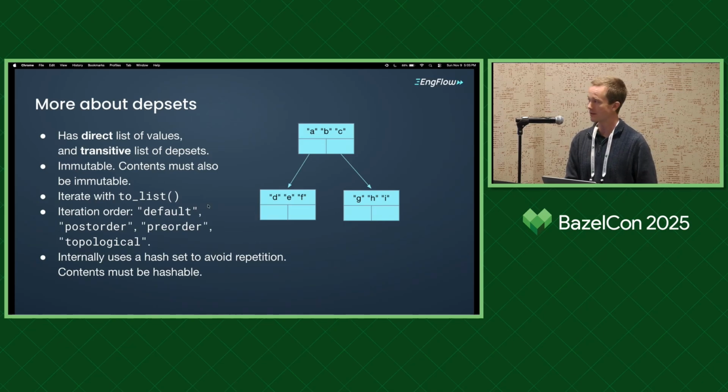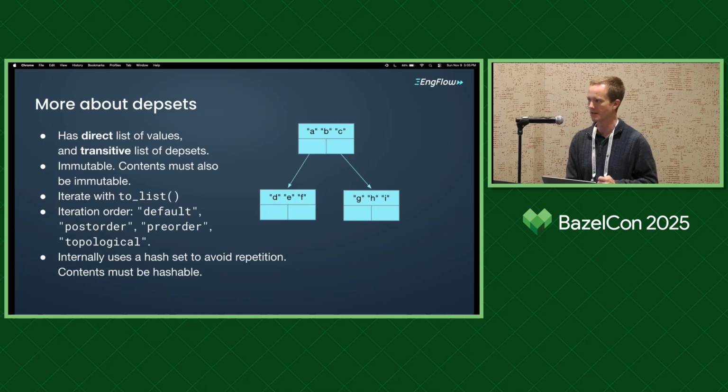I think you're somewhat restricted on other things you can put in. If you actually want to iterate over one of these, you call the to_list method on it. Try not to do this very often. Depsets tend to grow very, very large. These were introduced at Google to deal with binaries that have hundreds of thousands of dependencies. And so iterating over all of them, you don't want to do it on every node. You only want to do it when you're linking at the end.